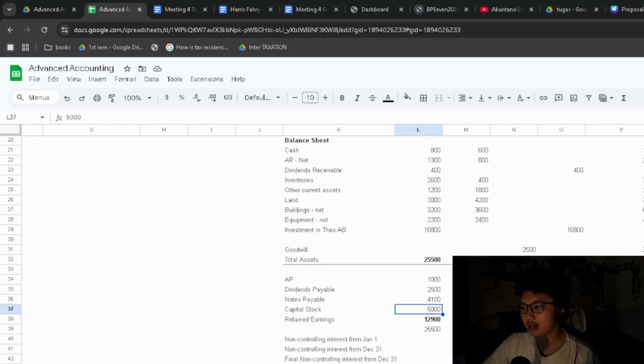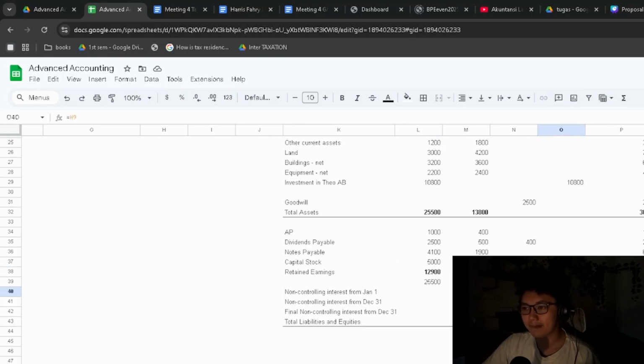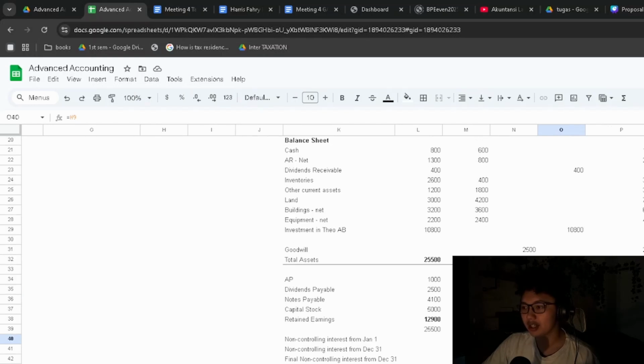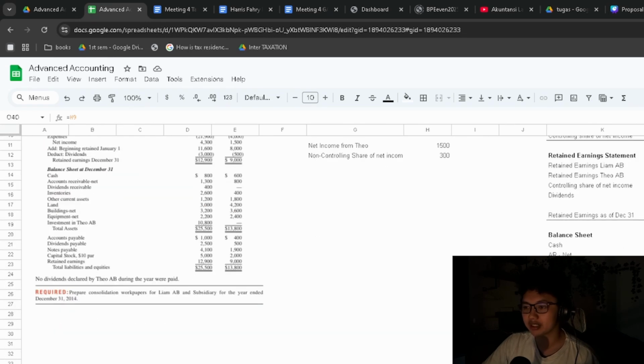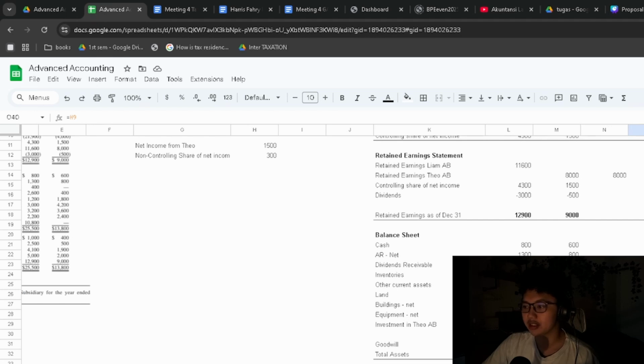And then lastly, you have this non-controlling interest from January 1 and from December 1. So this is the initial non-controlling interest, and adjustments were made, yes, due to the change in non-controlling interest, because over time it would get updated as they produce net income, or maybe in other cases for other companies, sale of assets and so on and so forth.